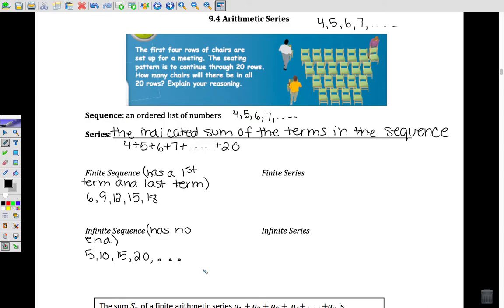So now a finite series is the sum of a finite sequence. So this means I'm only adding up a certain number of terms. For example, I would add 6 plus 9 plus 12 plus 15 plus 18. So a finite series is just the sum of a finite sequence.